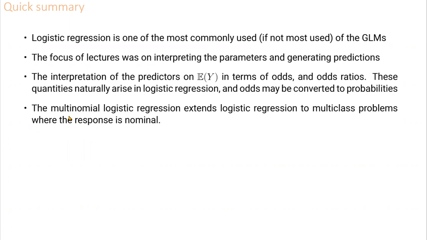And then finally, we looked at the multinomial logistic regression, which extends the logistic regression. That's the case where the response is nominal. There are other fancy logistic regressions that we don't cover in the course. For one, there is the ordinal logistic regression, the case where the y variables can be ordered. But we've covered the stuff that we needed to do.